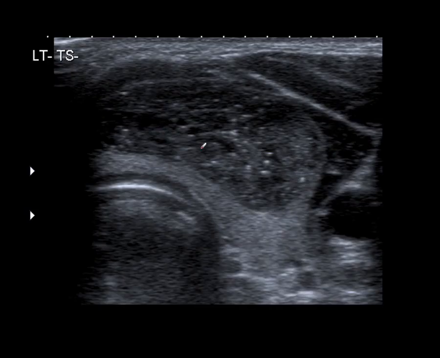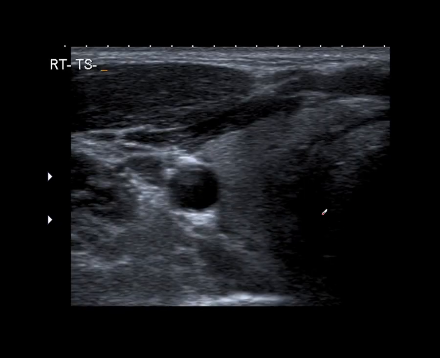Here's another patient. Left lobe of the thyroid gland, large nodule, trachea. It's going into the isthmus region. This is muscle here, strap muscles. That's probably our carotid artery there. Normal looking right lobe, sternomastoid muscle, strap muscles. If we're looking for parathyroid adenomas, which we'll talk about later on, they'll be back here somewhere.